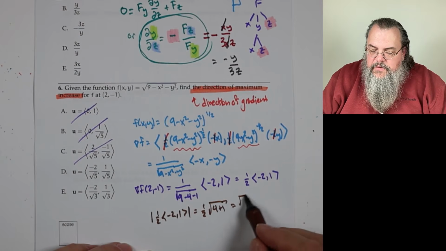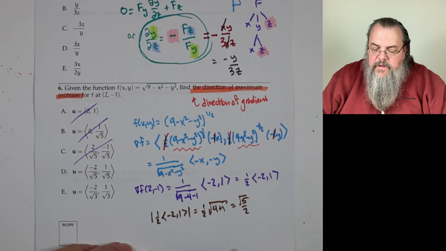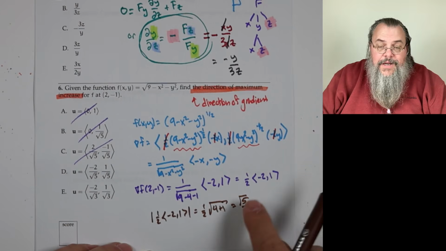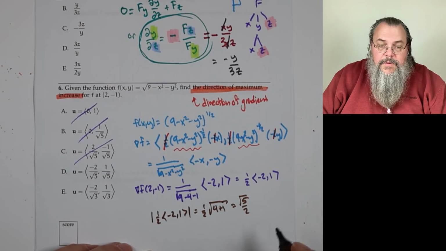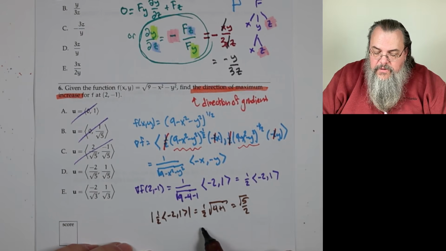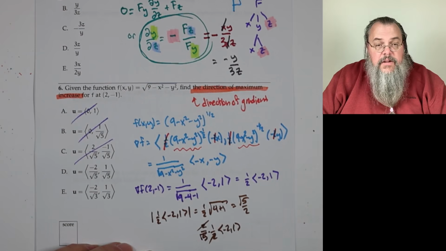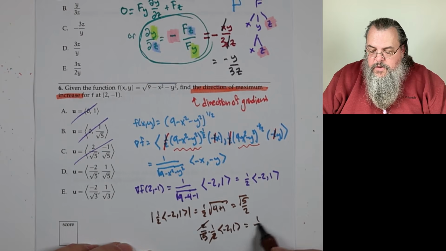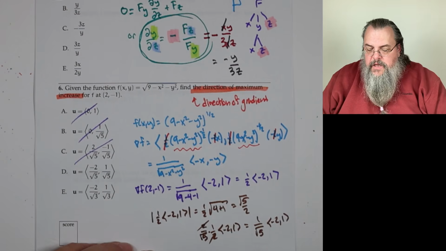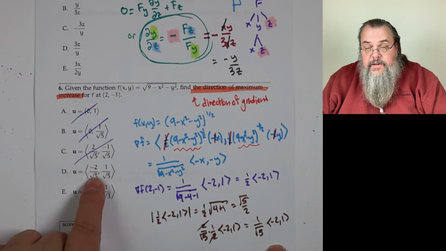So we get square root of 5 halves. Now divide. To divide is the same as multiply by the reciprocal. So we have 2 over root 5 times 1/2 times (-2, 1). The 2's cancel. It gets us 1 over root 5 times (-2, 1). And that's D.